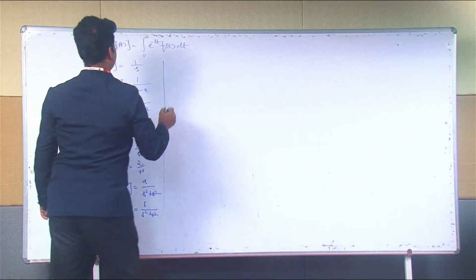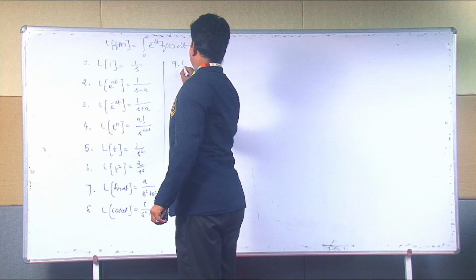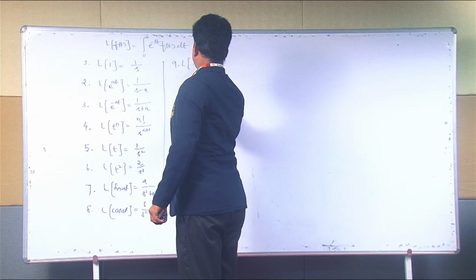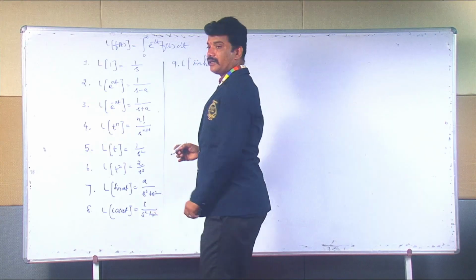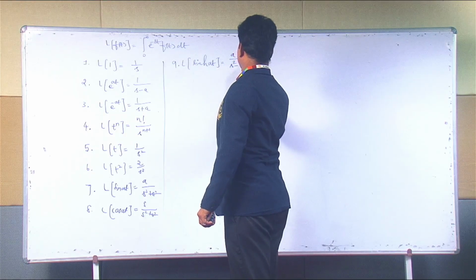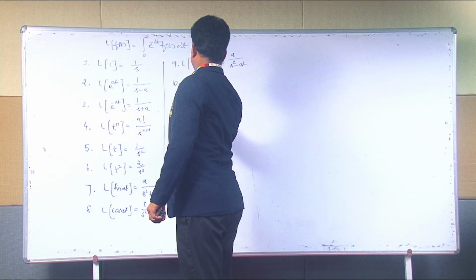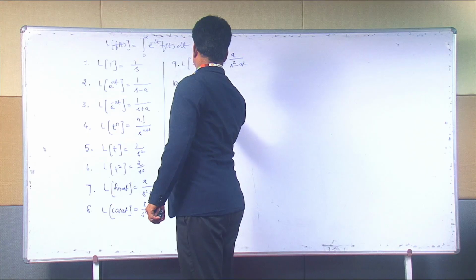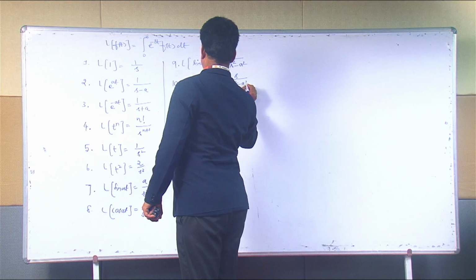And the ninth one is L of sinh at equal to a divided by s square minus a square. And the tenth one is L of cosh at equal to s divided by s square minus a square.